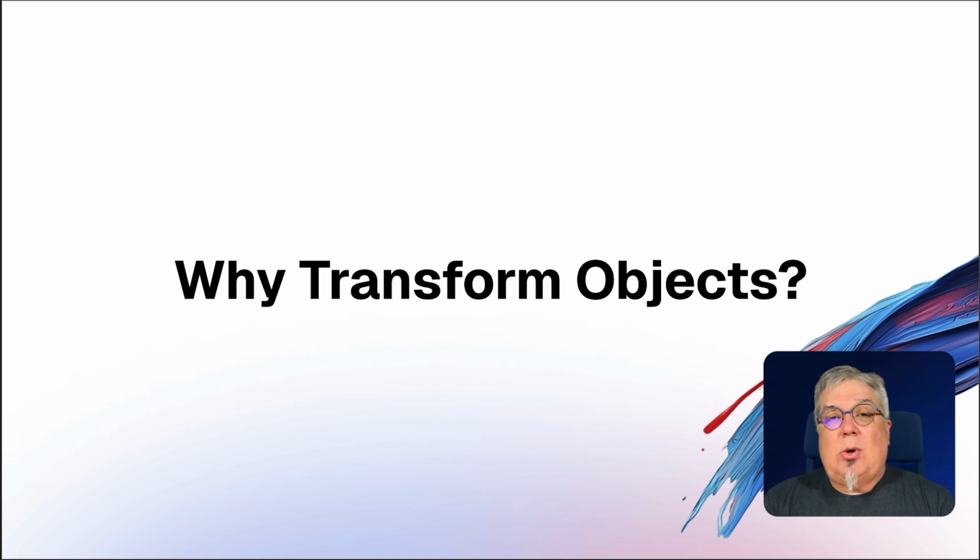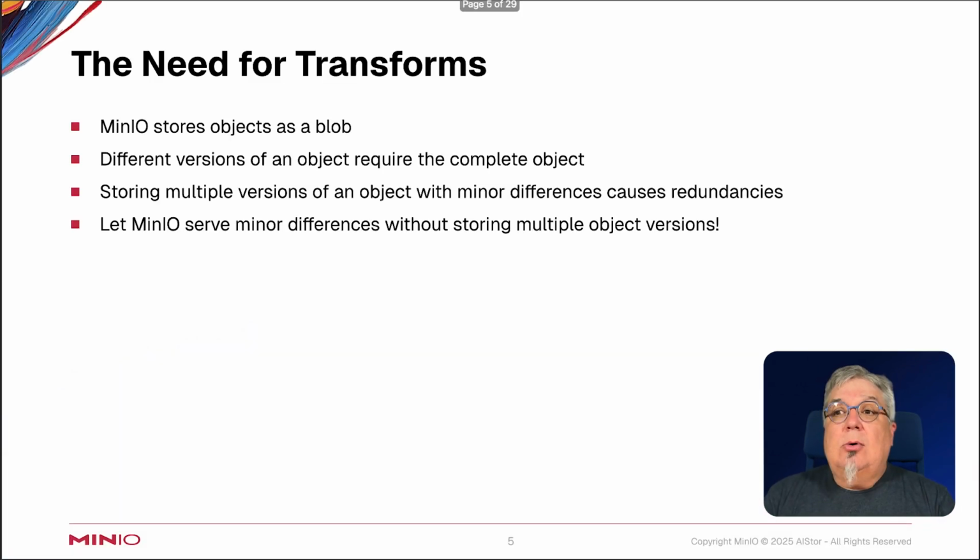So the first topic we're going to talk about is why might you want to transform objects? The need for transforms is really that MinIO is going to store your objects as a binary large object. It's a collection of binary data. Different versions of an object are going to require the complete object. This is the way MinIO versioning works.